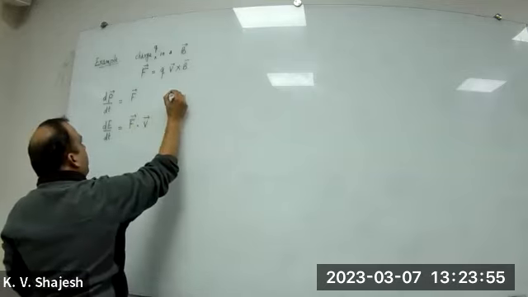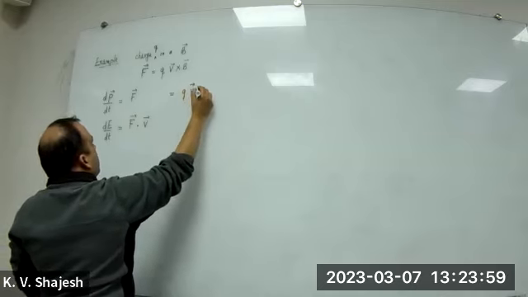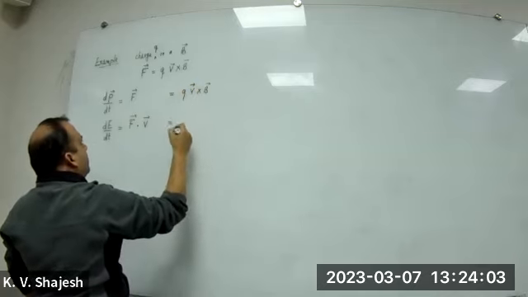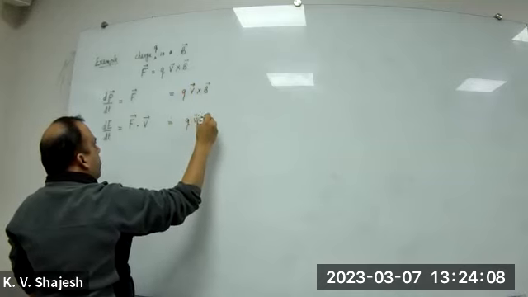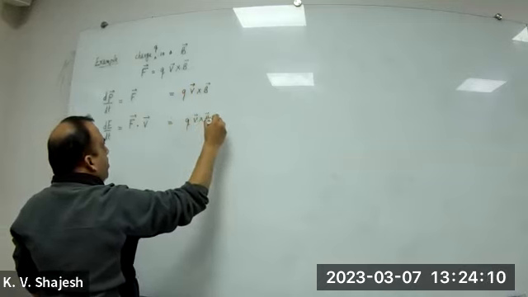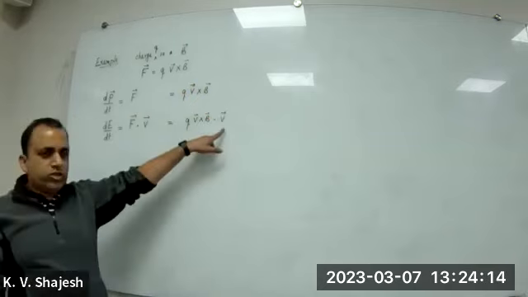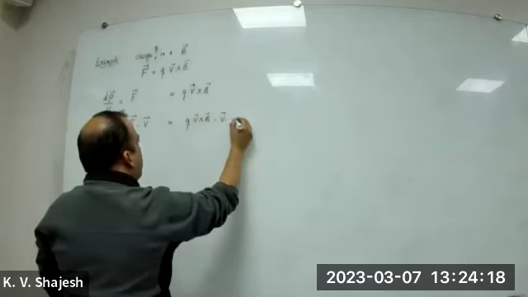So the right side is given to us. This is Q V cross B. What is the right side of the energy equation? This is Q V cross B dotted with velocity. What is that equal to? 0. V cross B dotted with V is equal to 0.